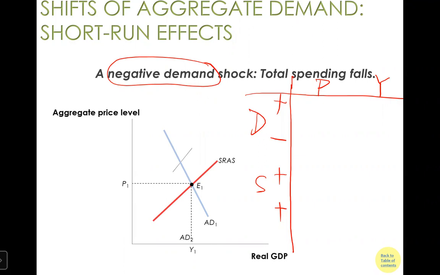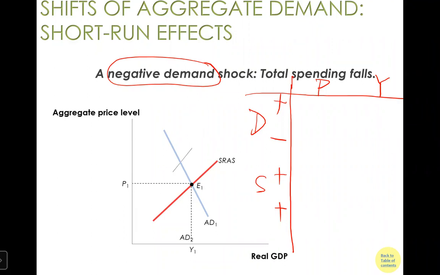People are afraid of getting infected by this deadly virus. So they do not want to go to the shopping mall, don't want to travel, don't want to dine out. That constitutes a negative demand shock, right? Because you don't want to get caught by the virus. You don't want to go shopping outside.